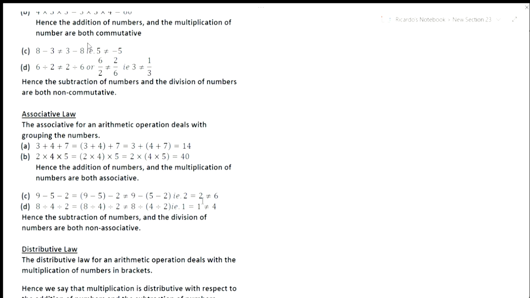If you look at the answers, you will get 2 for the first one and 2 for the second one and 6 for the third one, which are not equal.